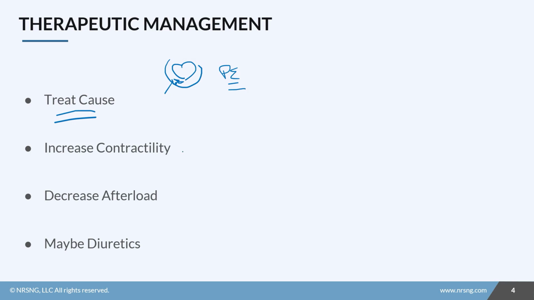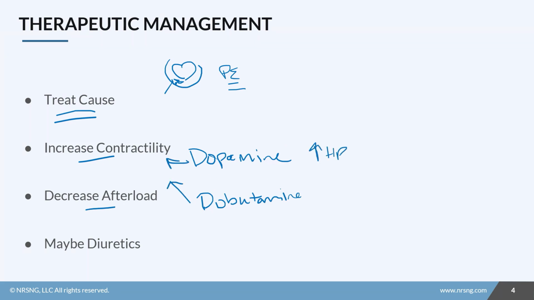Now, when it comes to medication, the big goal is to get the heart pumping more effectively and to decrease the pressure it has to pump against. So the top two drugs we give for this are going to be dopamine and dobutamine. Both of these are going to increase contractility. Dopamine will also help to increase the heart rate, and dobutamine also allows for some vasodilation, which helps to decrease our afterload.